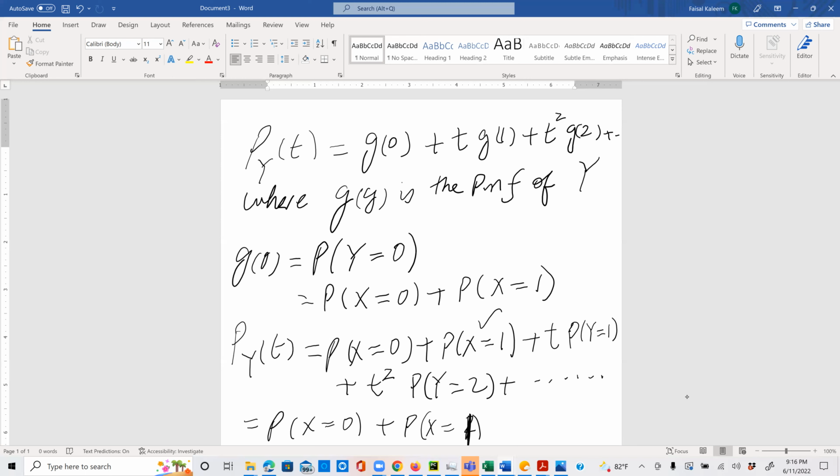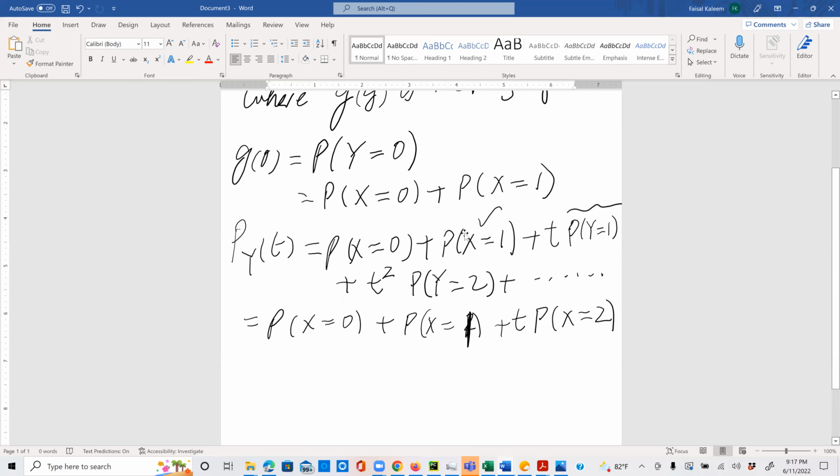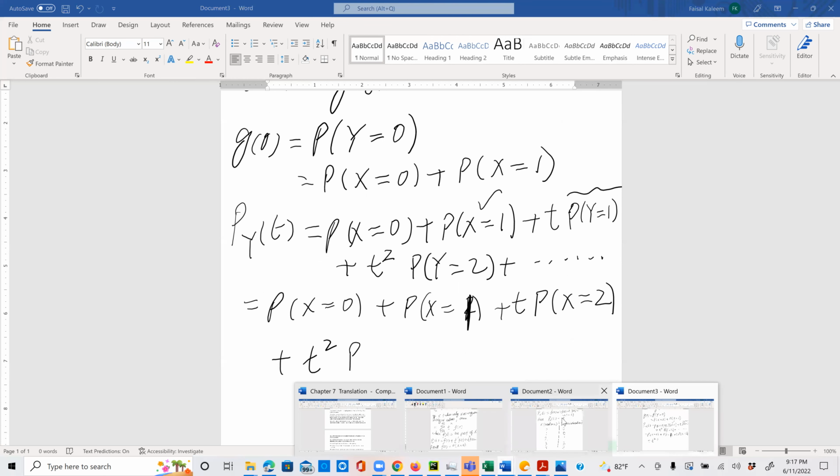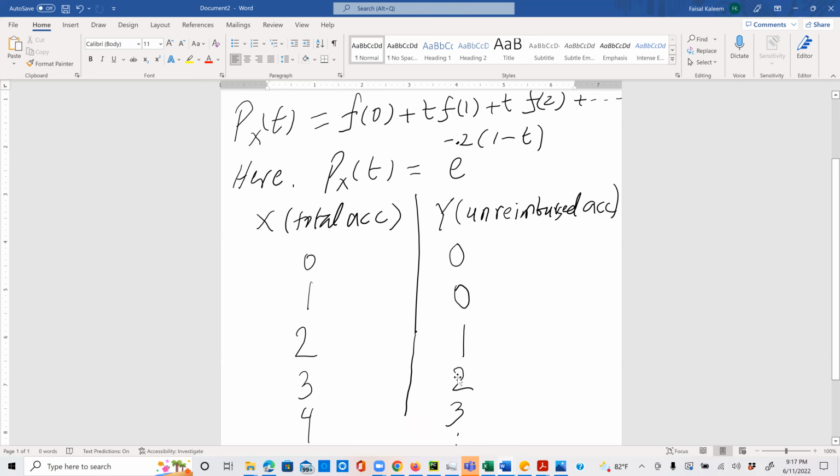And then we have t, and here Y is equal to 1 means X is equal to 2. So this would be the probability X is equal to 2. Plus t squared times the probability, and Y is equal to 2 will mean X is equal to 3 if we look in our little table. So Y is equal to 2 corresponds to X is equal to 3.